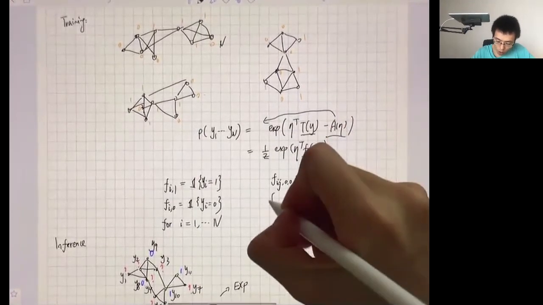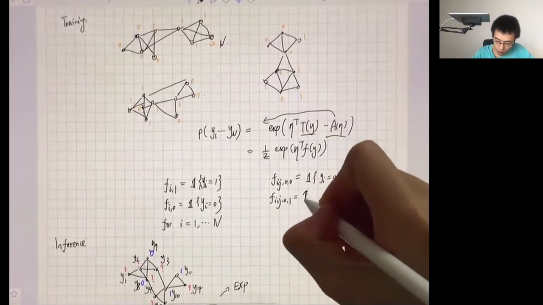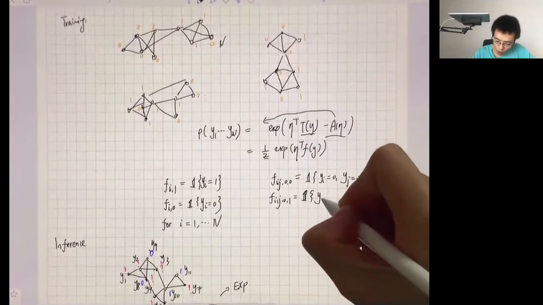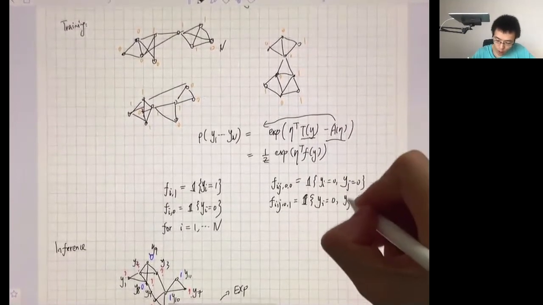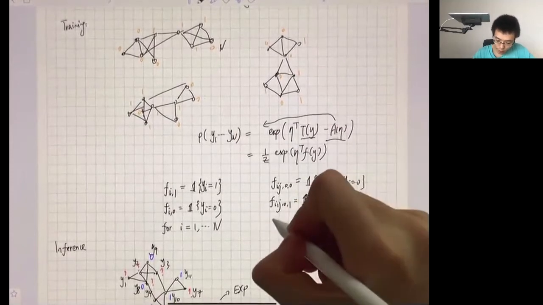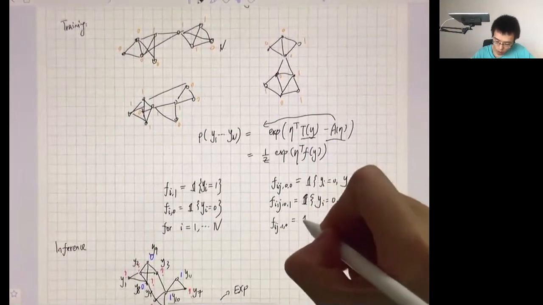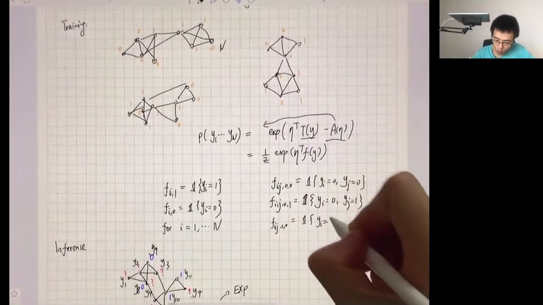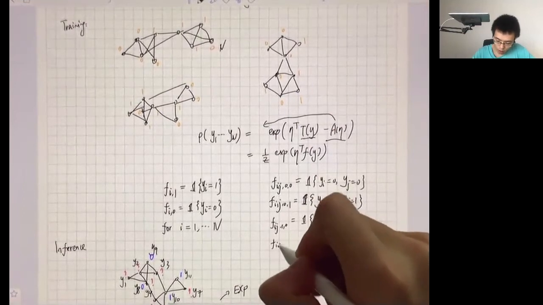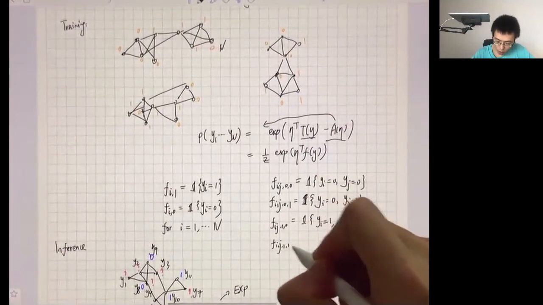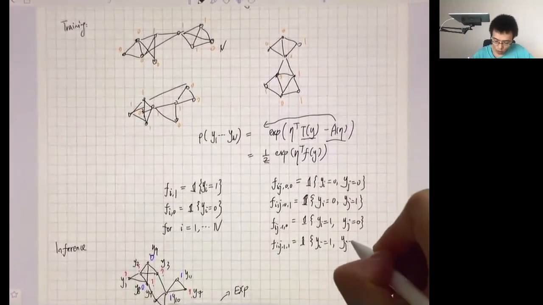Fij of 0, 1 is whether yi is 0 and yj is 1. So I have 4 features for each edge. 1, 0 is whether my yi is 1 and yj is 0. And 1, 1 is whether my yi is 1 and yj is also 1.